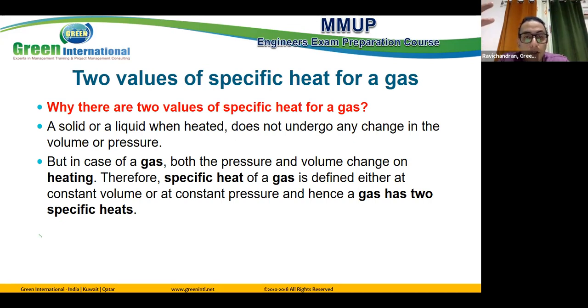So this is compressible flow, in the case of gas. But for liquid and solid, when you change pressure, the volume does not change. So there is no effect on the volume, and with no effect from pressure, we only have one specific heat. But in gases, we have two specific heats: one at constant pressure and one at constant volume.